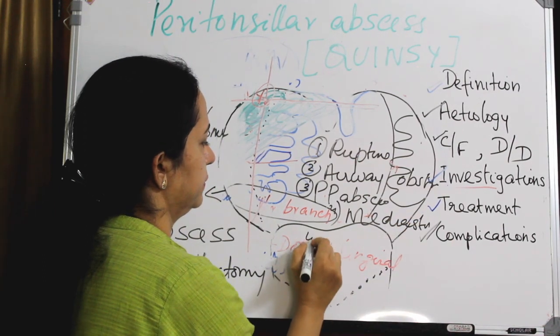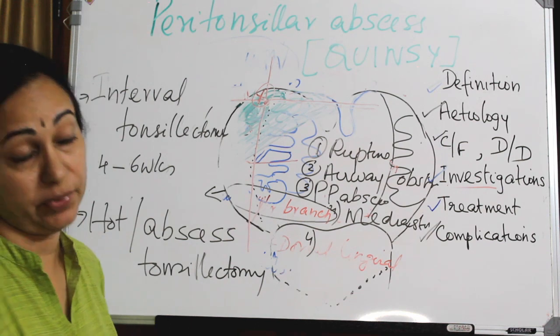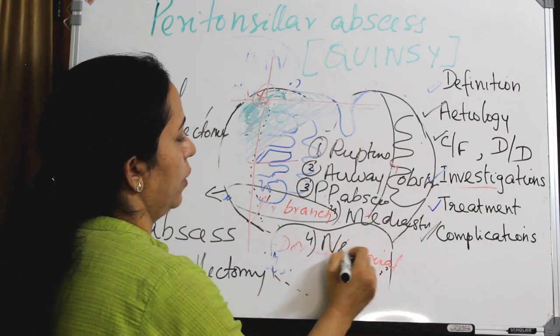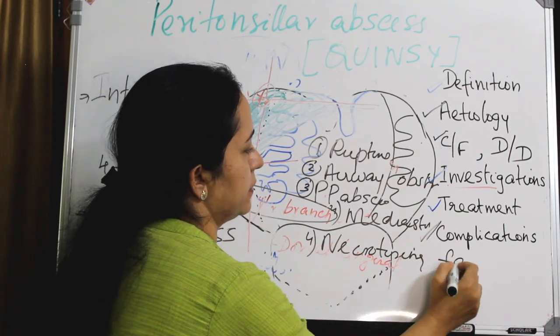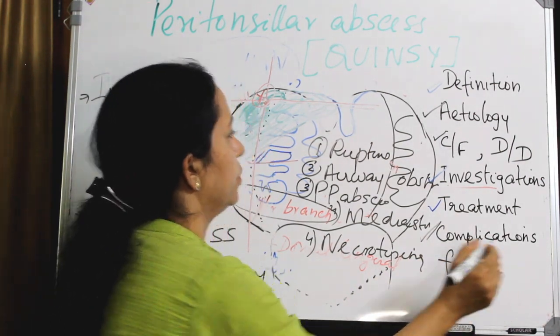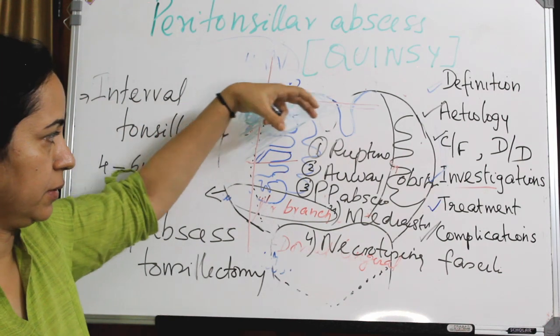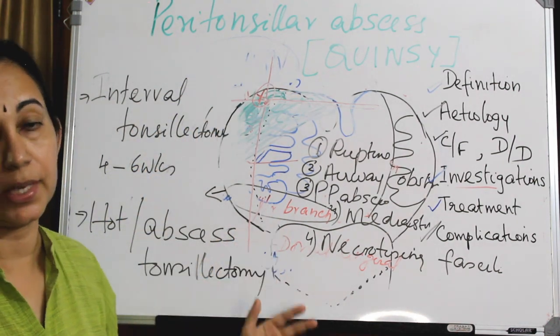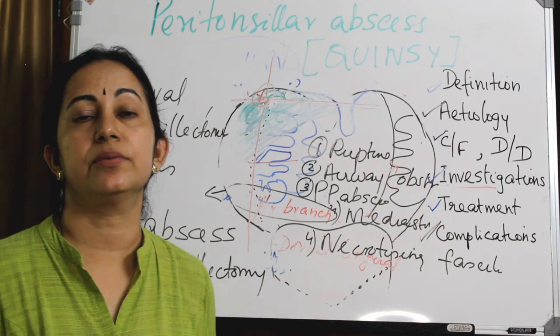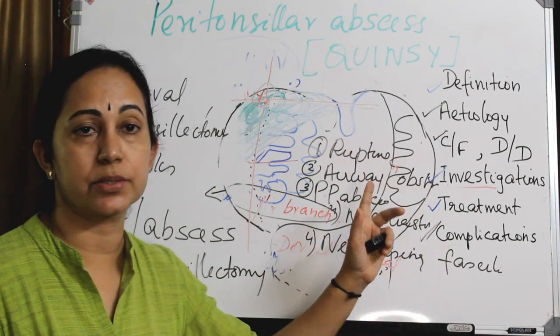Then necrotizing fasciitis is also a complication of Quinsy. Okay. So rupture, airway block, parapharyngeal abscess, mediastinitis and necrotizing fasciitis are the common complications of Quinsy.